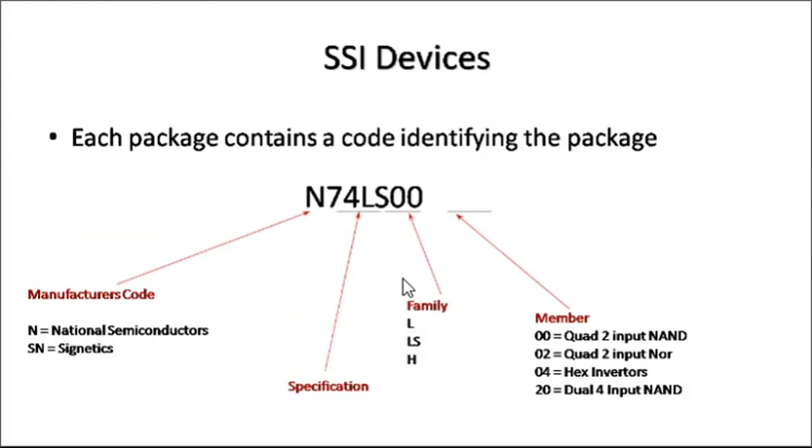Now see, each package contains a code identification written on the IC, like N74LS00. Students mostly don't know what this means. The first letter is related to the manufacturing code. N means National Semiconductor, SN means Signetics. Then 74 is the series.